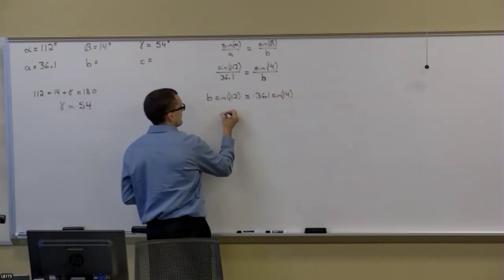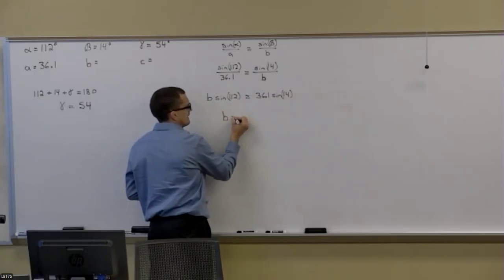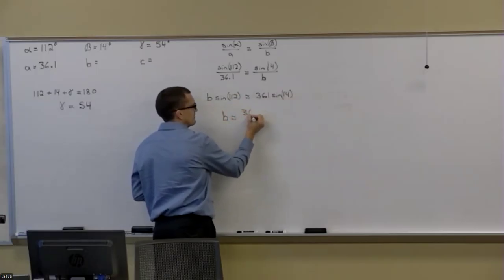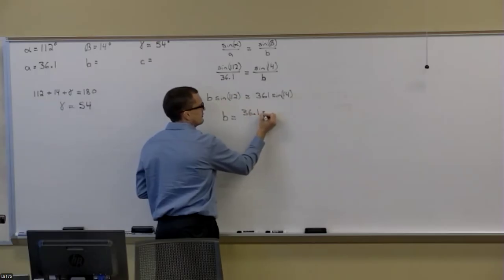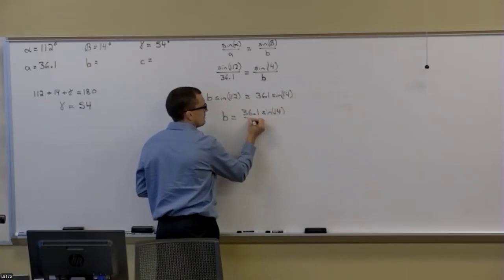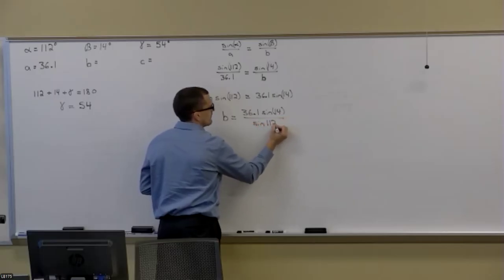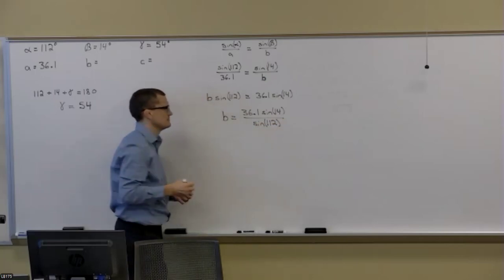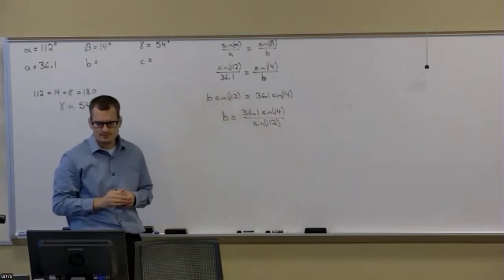Again, when you're dealing with triangles, everything's going to be in degree mode. When you're dealing with unit circle, everything will be in radian mode. So we're here using triangles. Make sure you're in degree mode.